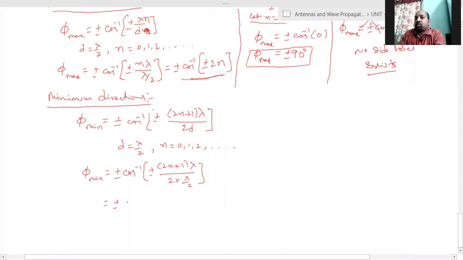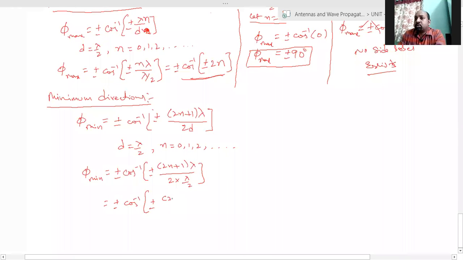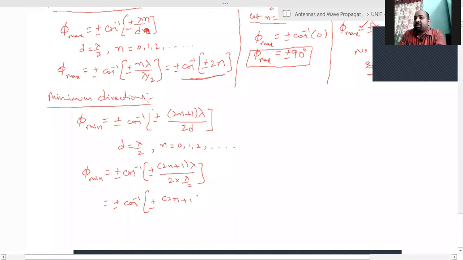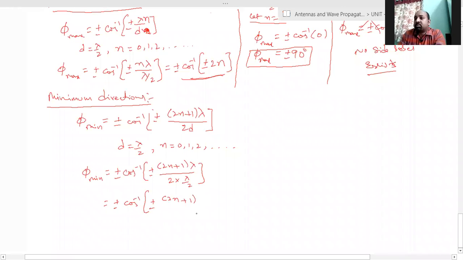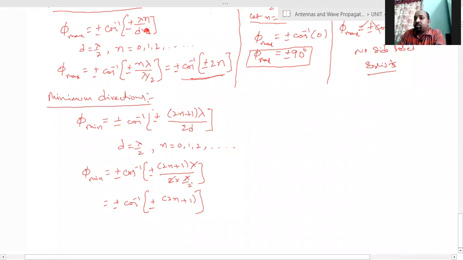Lambda will get cancelled, so therefore phi minimum is equal to plus or minus cos inverse plus or minus 2n plus 1, right?